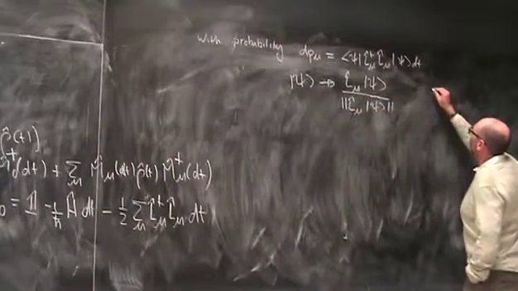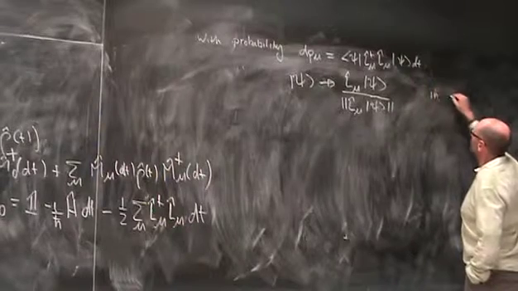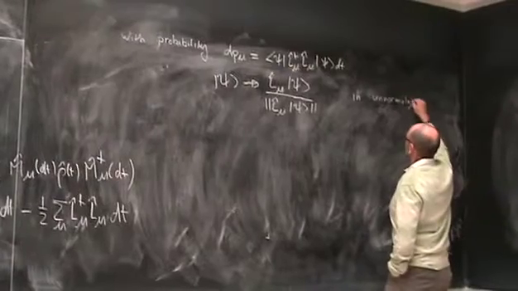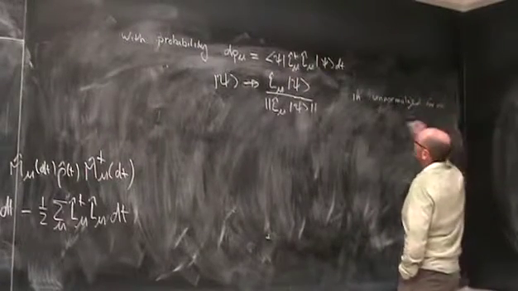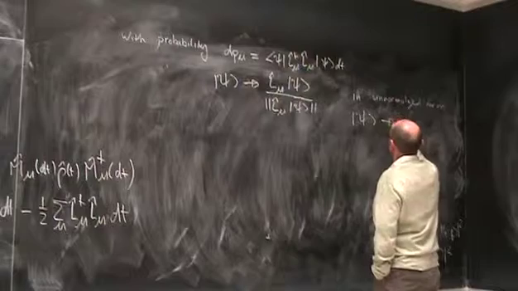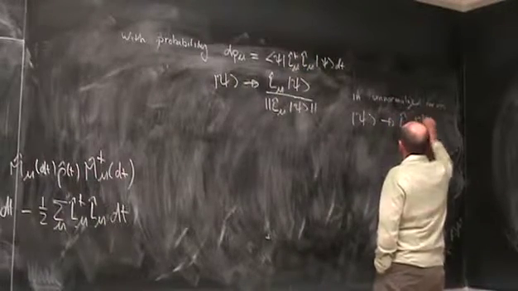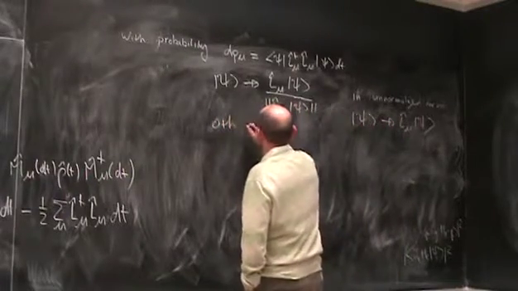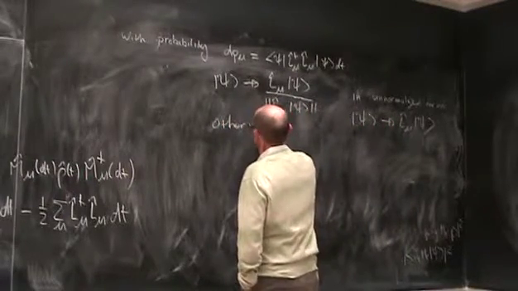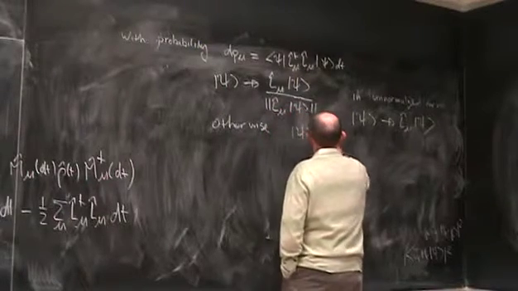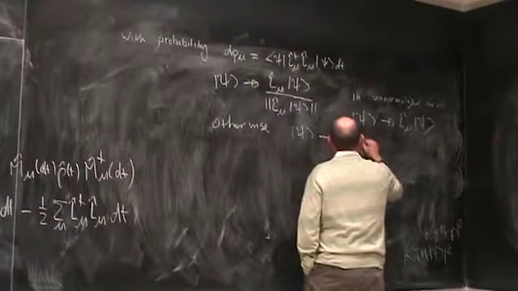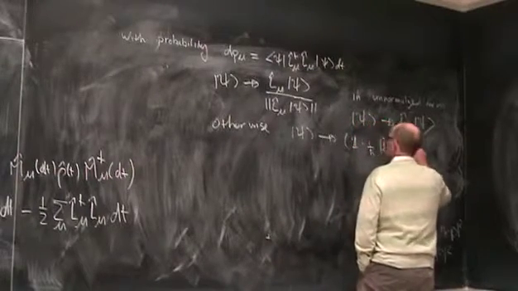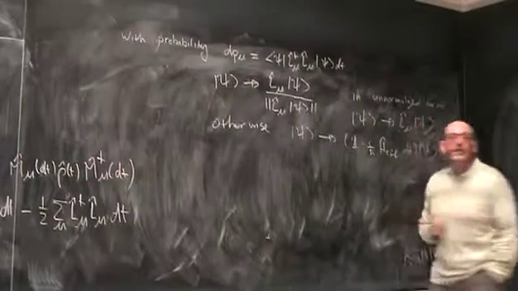Or we could say in unnormalized form, psi just goes to this. Otherwise, psi goes to 1 minus i over h bar, H effective dt, psi, unnormalized.